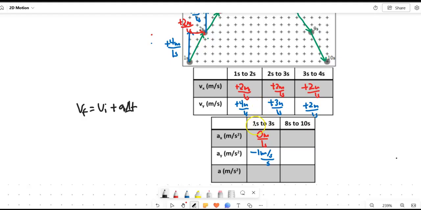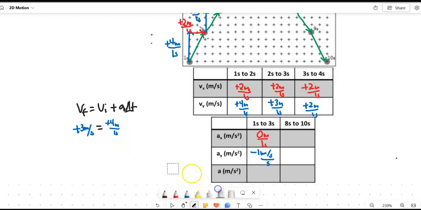So from 1 to 3 seconds, okay? All right, so let's figure out this blue guy right here. So the final velocity at the 3 second mark is positive 3 meters per second. And the velocity from the 1 to 2 second mark is going to be our initial velocity, which is positive 4 meters per 1 second.